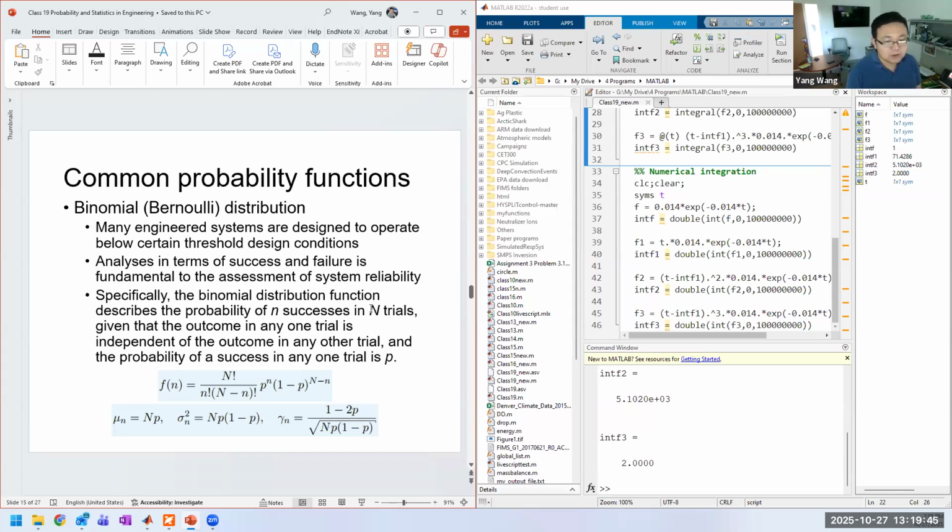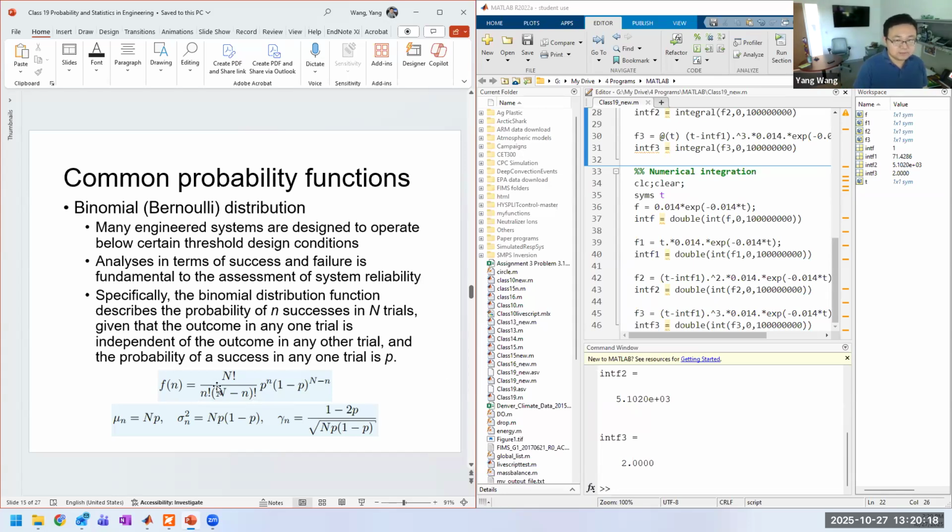So over these 10 years or 20 years or any number of trials, we're selecting certain trials having a certain type of outcome. Basically it's a selection. That's why you have the factorial, capital N factorial divided by lowercase n factorial times capital N minus lowercase n factorial. Then you multiply that by the probability specifically.